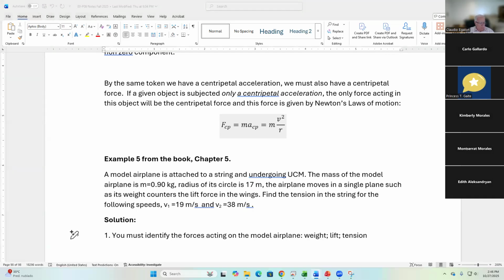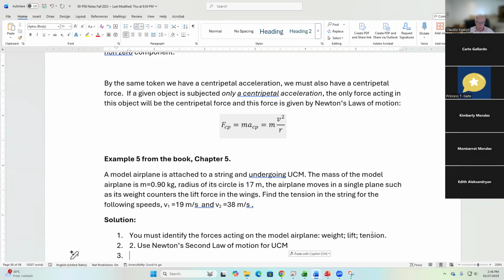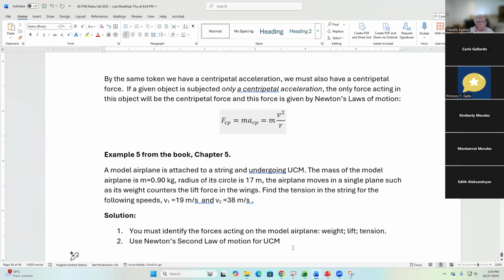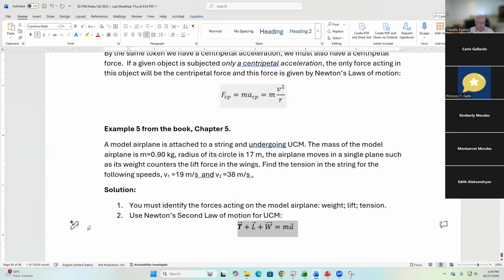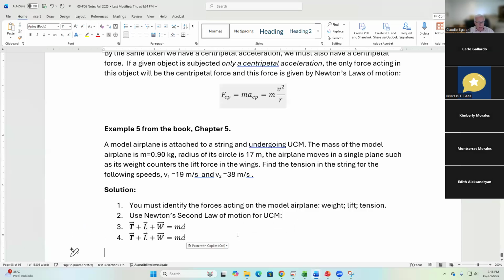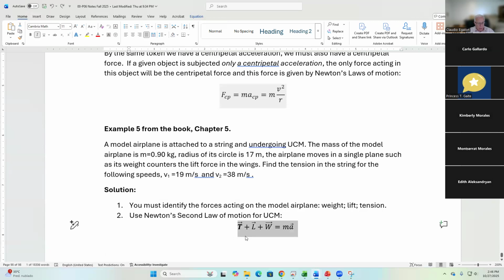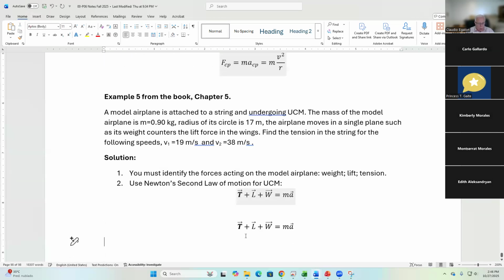Use Newton's second law of motion for uniform circular motion. Here we have tension plus lift plus weight equal to mass times acceleration. But the lift cancels out the weight.